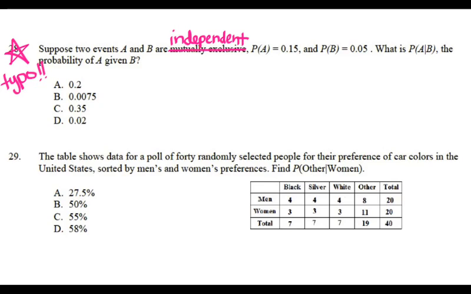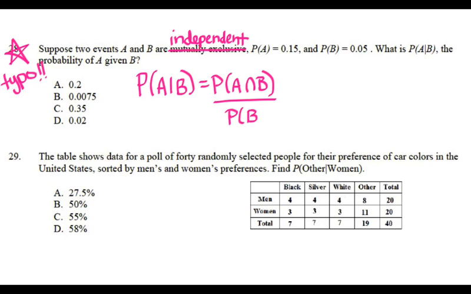Okay, so for this one, the probability of A given B is the probability of A and B divided by the probability of B. So the probability of A and B, just like you did with problem number 27, you multiply your 2 probabilities together. So that would be 0.15 times 0.05 divided by the probability of B, which is 0.05.